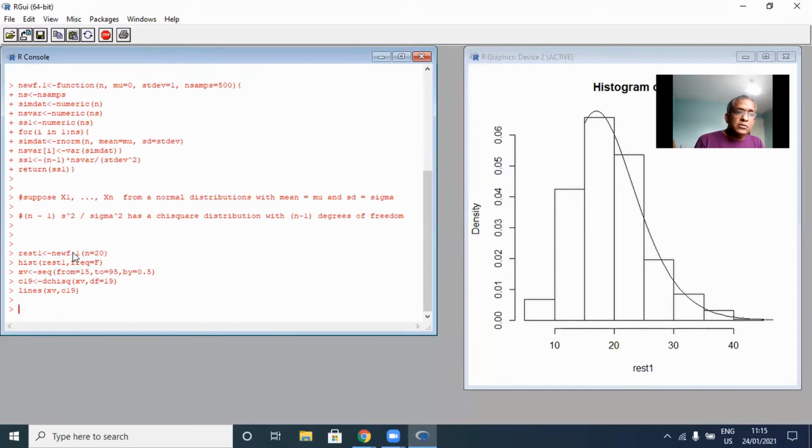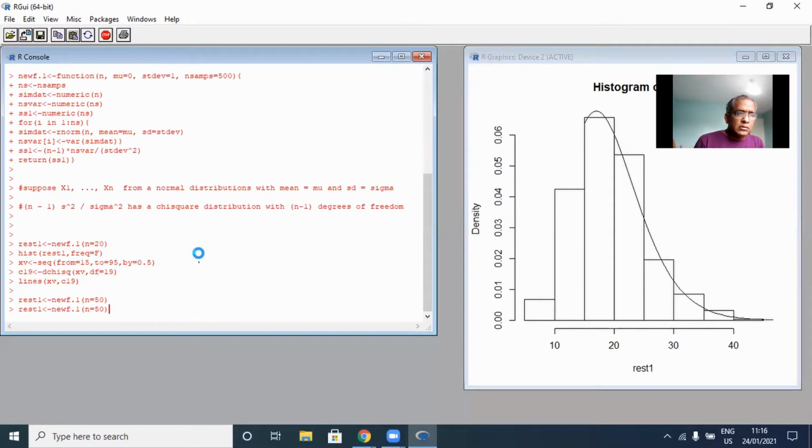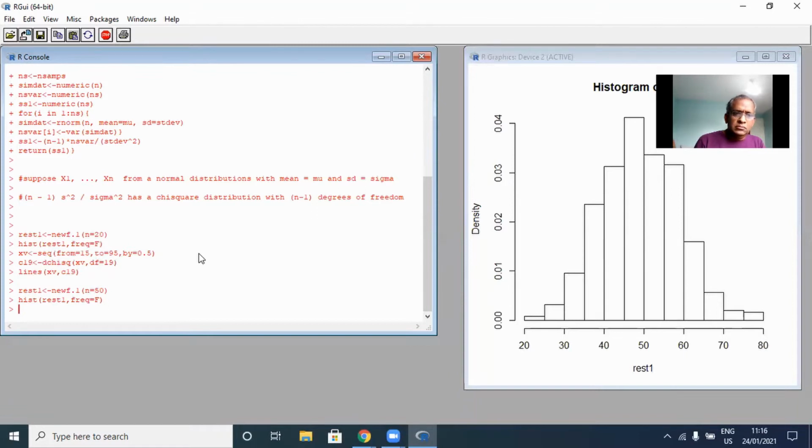Here I took the sample size n to be 20. Now let's take it to be say 50. Then do the histogram again, and let's define the xv values starting from say 20 to 80 in steps of say 0.5.